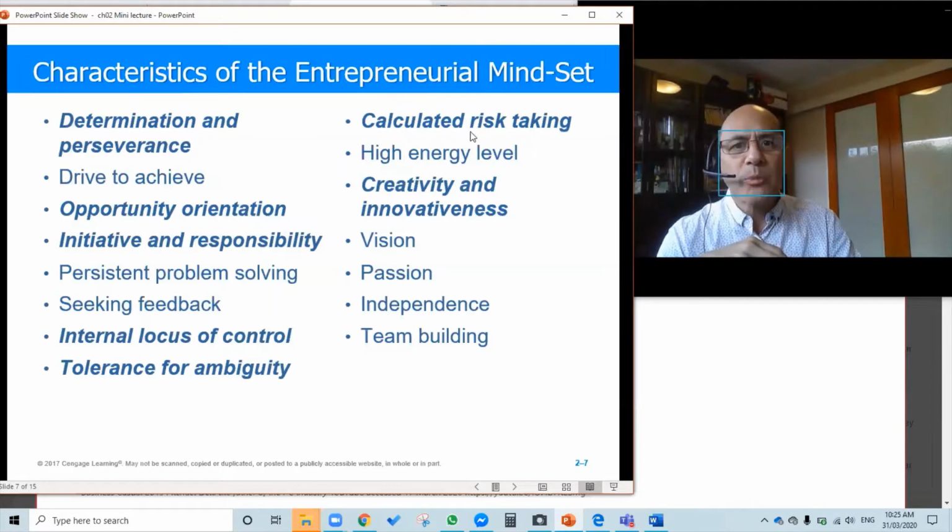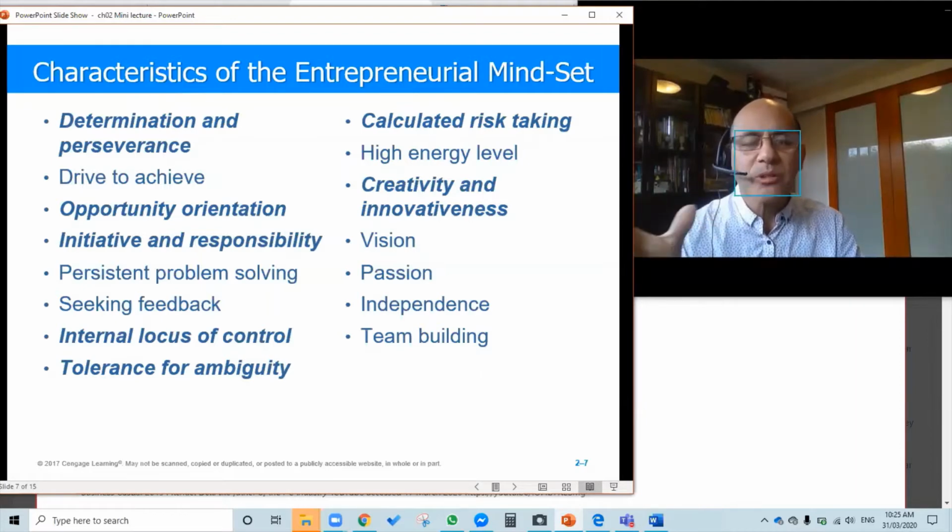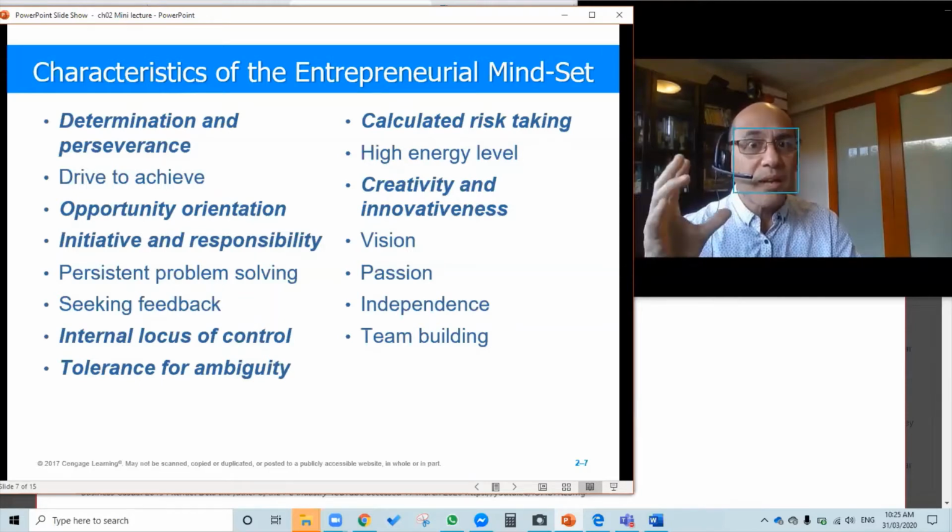Again, most entrepreneurs are risk takers, and that means that they're bold, they take chances. However, calculated risk taking means that you don't make stupid risks. It's almost like saying, I don't jump off a cliff just because the cliff is there. I know I can die if I jump off a cliff. Now, I am willing to jump off a cliff if I've got a parachute on.